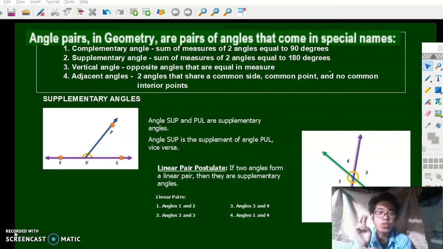Also angles 2 and 3 measure 180 degrees, so they are also supplementary angles. We also have angles 3 and 4, whose measurement is also 180 degrees, and they are linear pairs. And angles 1 and 4 are also linear pairs, and their measurement is also 180 degrees.